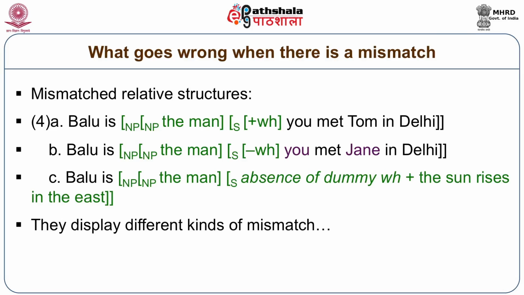That is sufficient for a case where minus WH has been generated in the tree. It is not sufficient if the derivation started with the deep structure Balu is the man you met Jane in Delhi. But as you will learn when you look more closely at the structure of the clause, there is a complementizer node under which the minus WH is generated, and that place has to be filled by something, at least a delta.